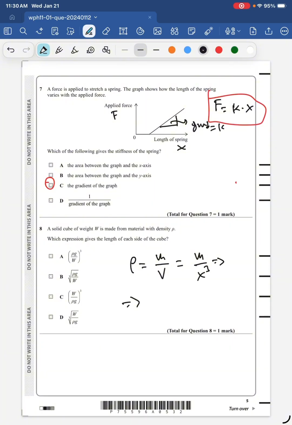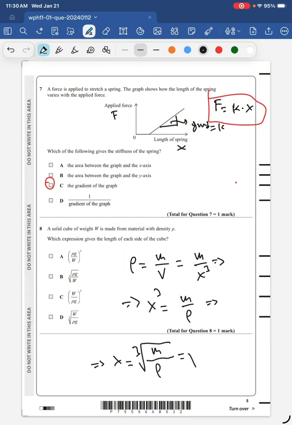So x cubed is going to be, let me see, mass over density, right? So x is the cube root of mass over the density, but they give us the weight, right?